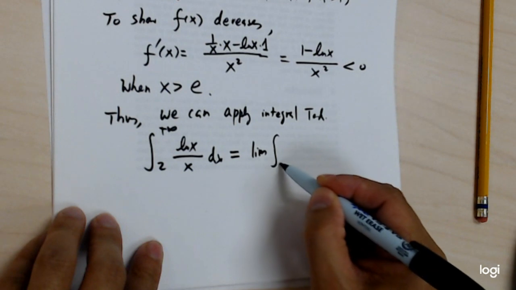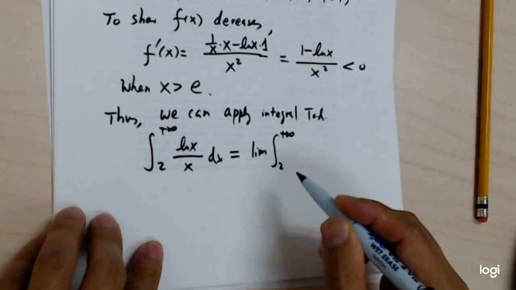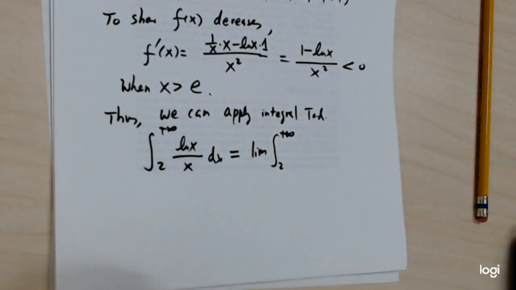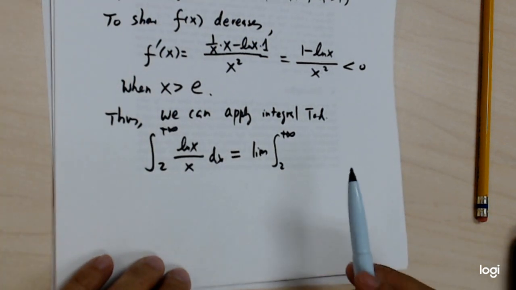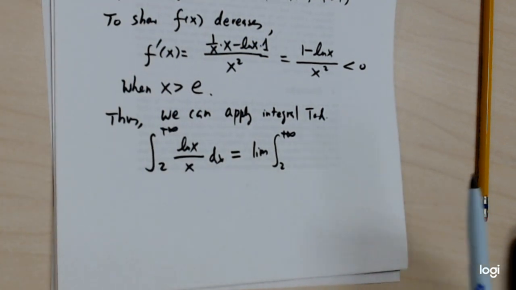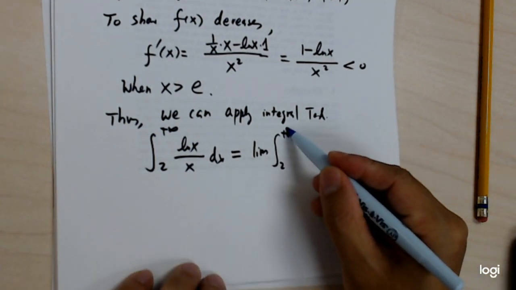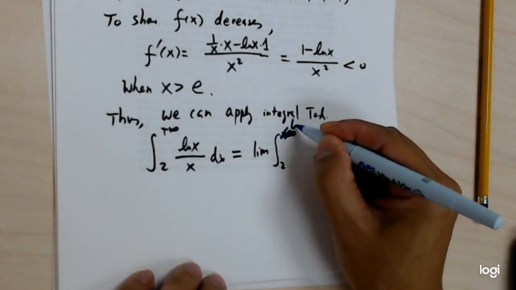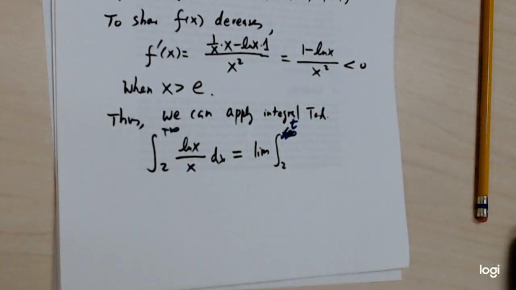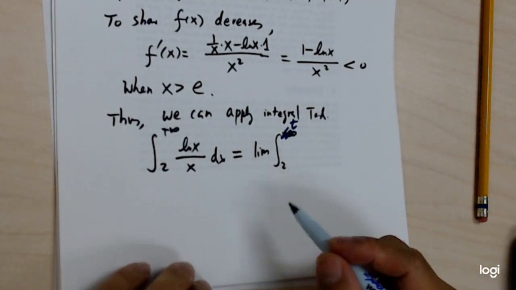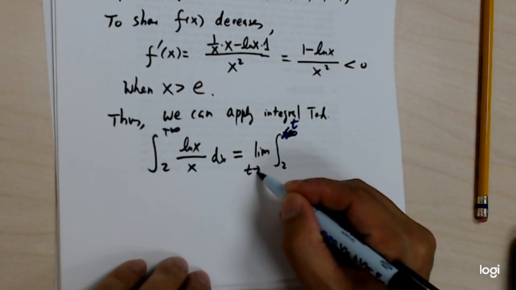So this is an improper integral. Sorry, obviously I wrote something wrong. That's not going to be infinity on the top. That'll be replaced with a finite number t. And then we take t goes to infinity.